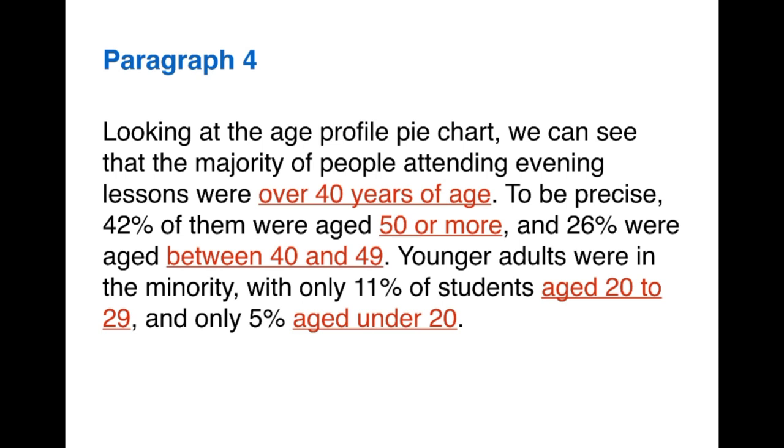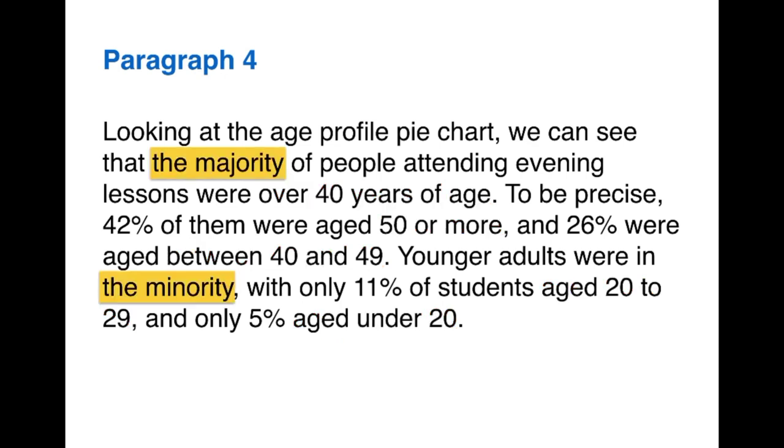Other good bits of vocabulary in this paragraph. It's nice to talk about the majority and the minority. "Were in the minority" is a good phrase. And that phrase "to be precise" that I used was a nice one. And also, again, just as in paragraph 3, we had a number on the end of a sentence using comma with.